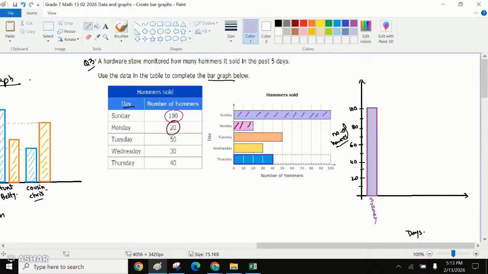The next day was Monday. Monday had a height of 20. We can say this is Monday. Tuesday would be 50.